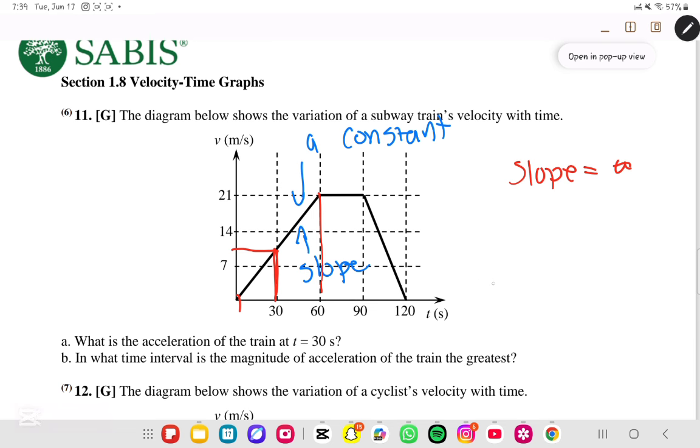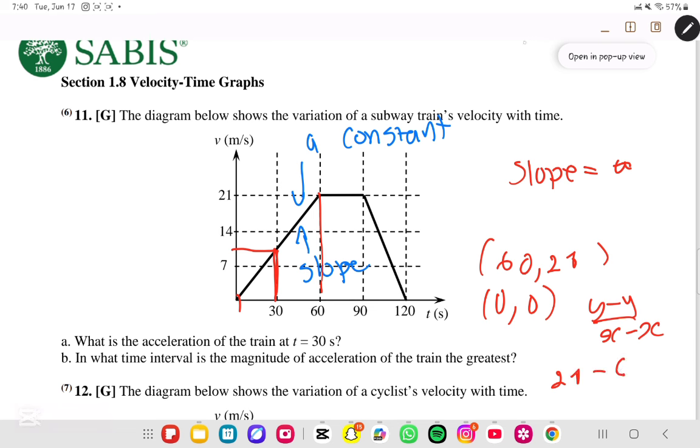Just to choose, for example, the points 60, 21, and 0, 0. You will do y minus y over x minus x. So 21 minus 0 over 60 minus 0. Put it on the calculator. You're supposed to get 0.35 meters per second squared. So at 30 seconds, the acceleration is 0.35 meters per second squared.